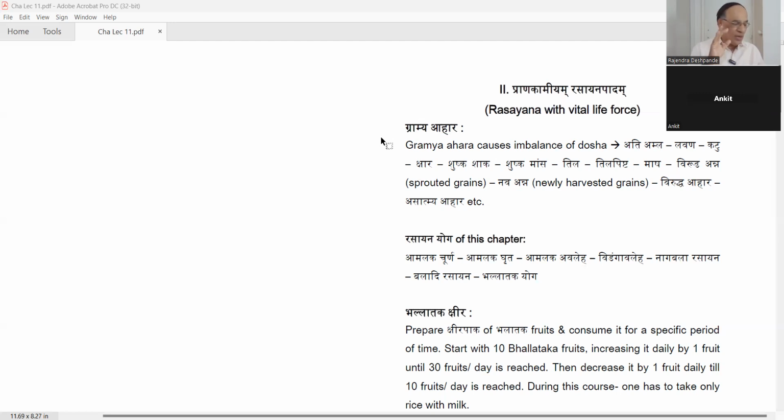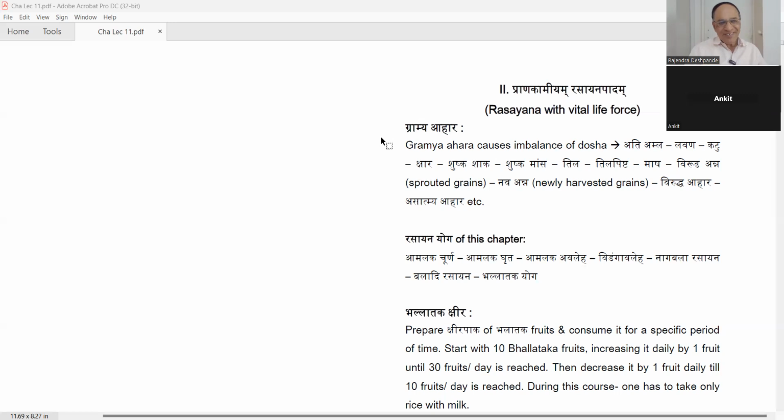Vyapad is always complication. There are 8 doshas, 8 problems, of Basti Netra, and 8 doshas of Basti Putaka. This will be asked in the examination. Do it very well. Then Vamana Virechana Vyapada Siddhi is chapter number 6, and Basti Vyapada Siddhi is chapter number 7.